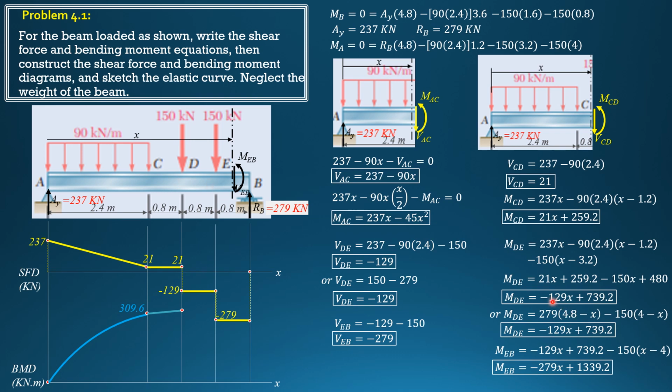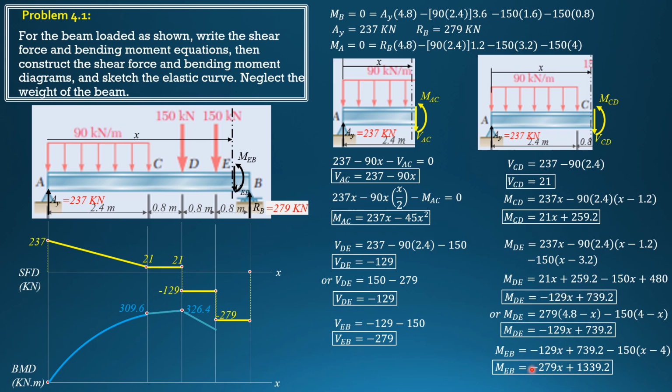DE is defined for x from 3.2 to 4. So 3.2 first, negative 129 times 3.2 plus 739.2. It will give us the same answer of 326.4. Then when x is 4, negative 129 times 4 plus 739.2. So it should be sloping downward, and the value decreases to 223.2 when x is 4.